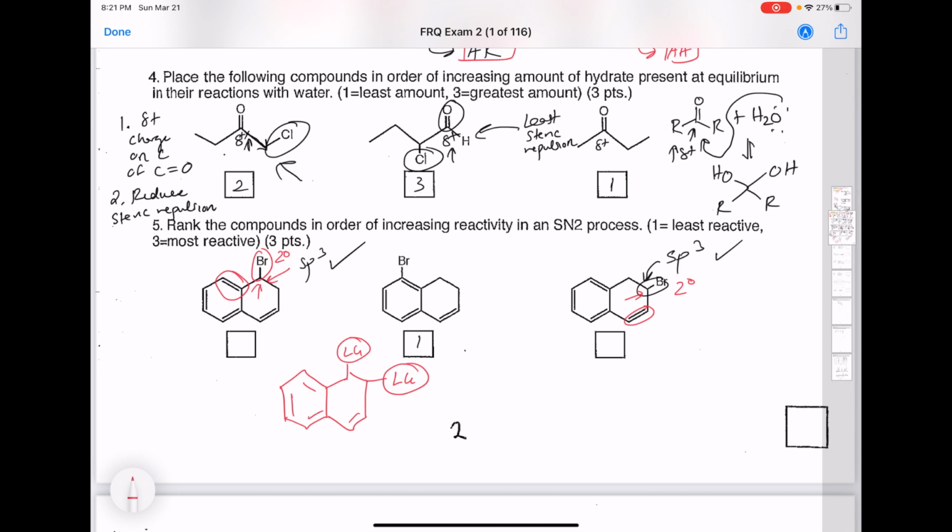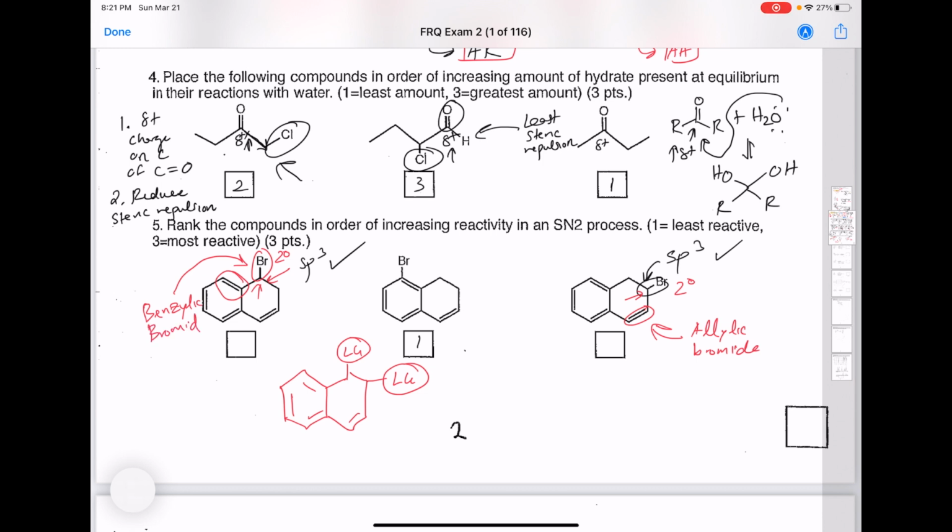This one is actually just an allylic bromide, because the carbon-bromine bond is just one carbon away from this double bond, and so that allows it to fall under that definition. But right here, this carbon-bromine bond is a benzylic bromide, based on our previous definition.